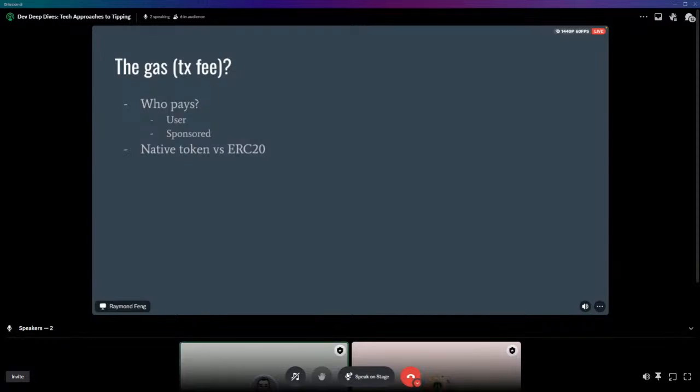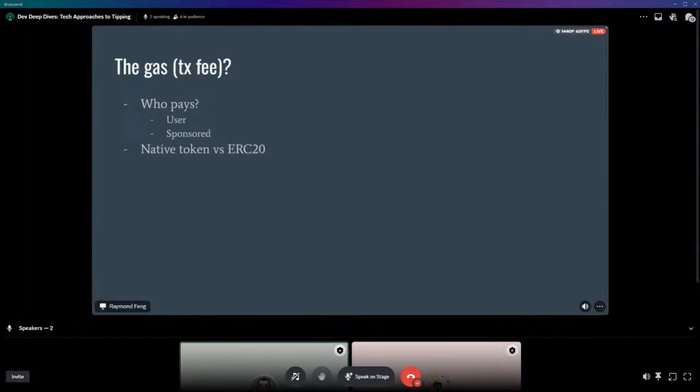Let's say Collab.Land token is worth 1 cent per token today. So that means to cover a transaction, you might have to pay 3 Collab.Land tokens that will have the equal value of 3 cents to cover the gas fees, right? With the reduction of the gas fees and also the emergence of ERC-20 token value, now I think it's completely possible to cover the gas fee using ERC-20 tokens.